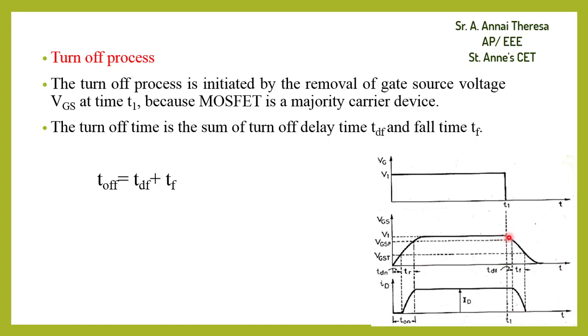That will come in the next slide. So first, what is the turn off process? There are two time periods, TDF and TF, that is, turn off delay time and turn off fall time. The summation of these two periods is called turn off time.